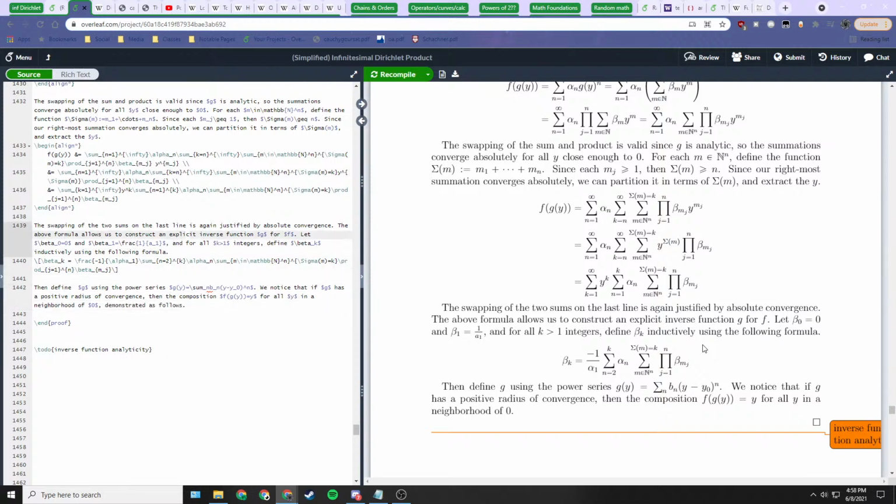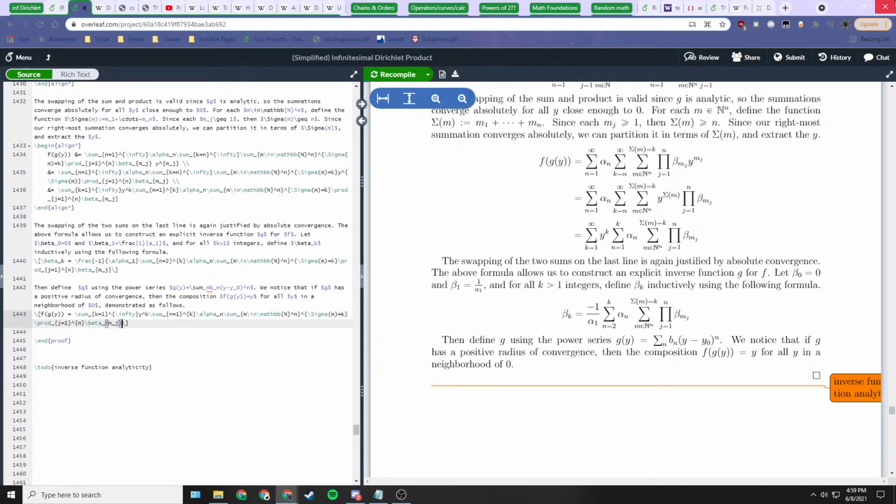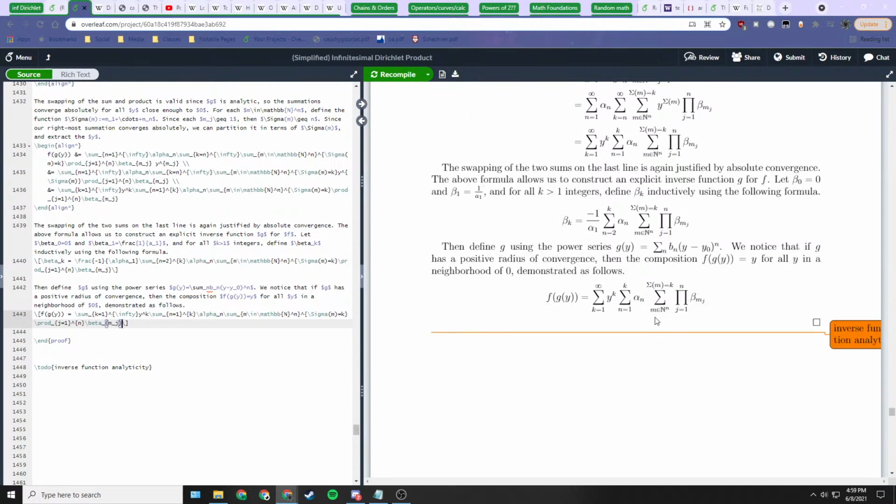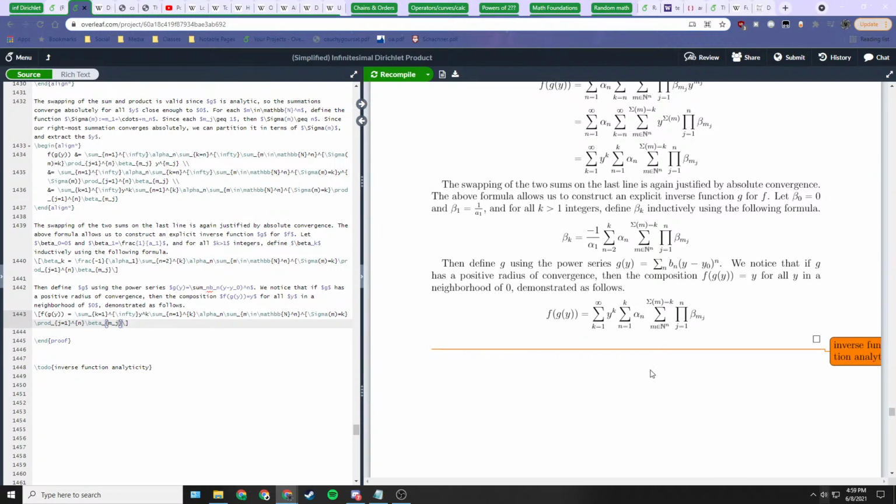we just have the composition, so we have f of G of y is equal to this whole mess. So we have k equals 1.